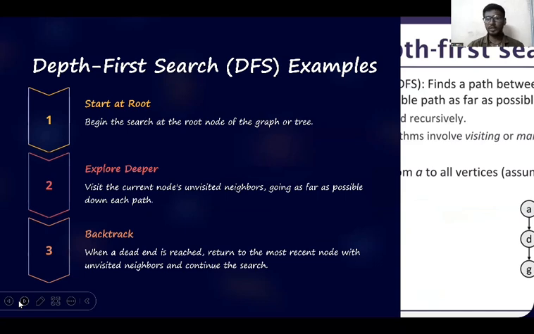First, we go with DFS. Some terminology and properties of DFS: root. It starts at the root, that is, it begins the search at the root node of the graph or tree. Either graph or tree, it starts at the root and explores deeper, going deeper and deeper.